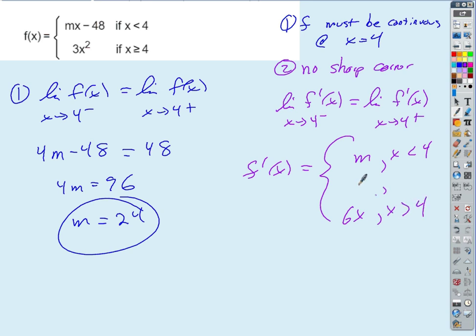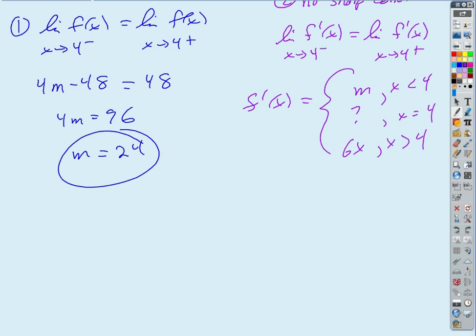And the question is, what is it when x equals 4? Does it exist or not? Okay, so we'll check. We know m needs to be 24, right? So we get f prime of 4.